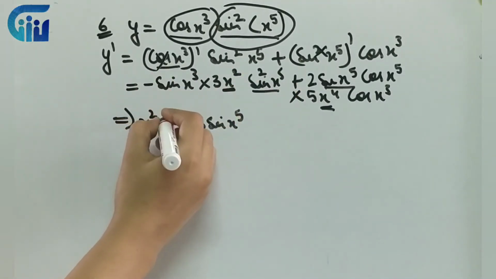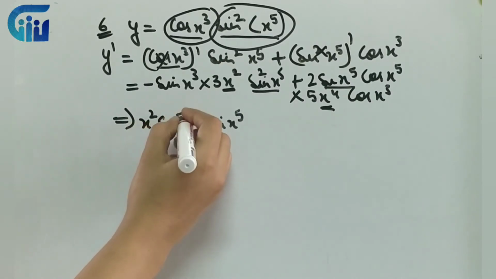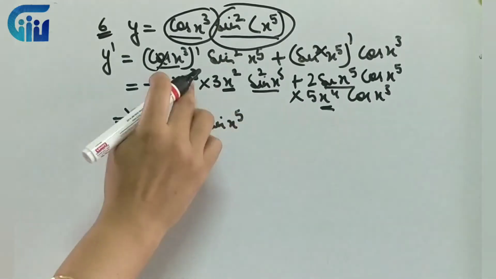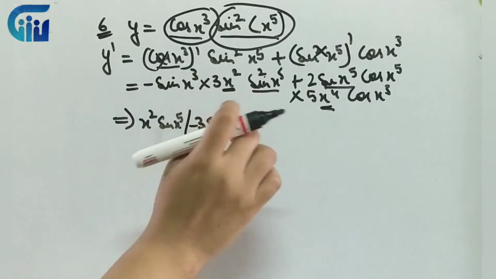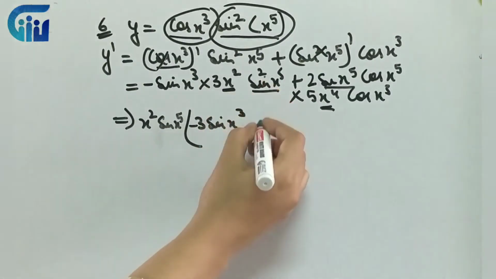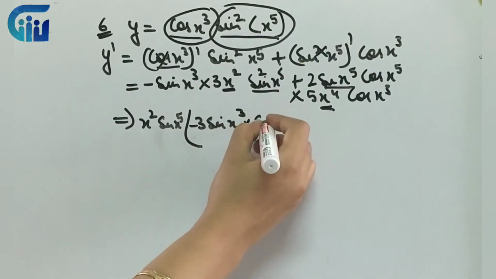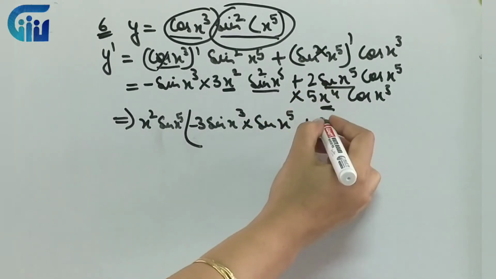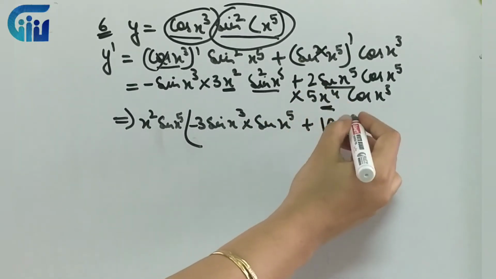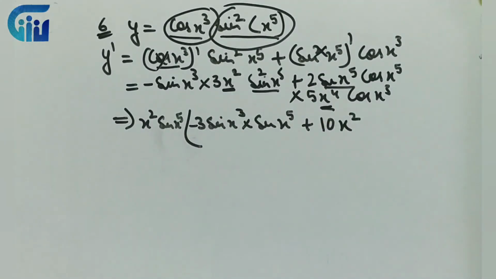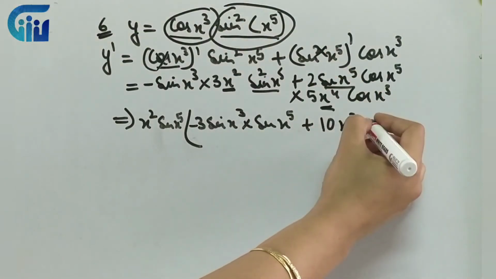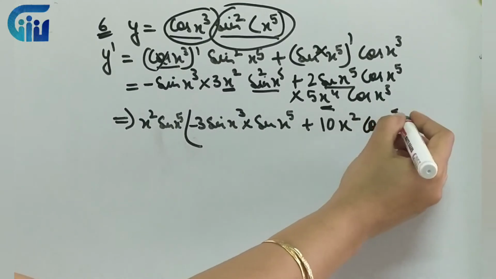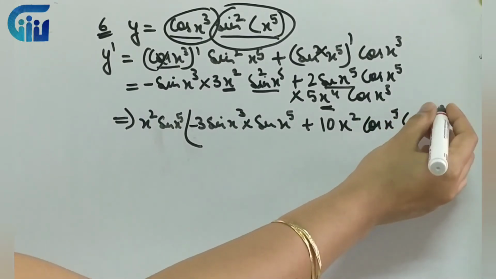So x square and sine x5 common. So it will be minus 3x cube, and over here this will be 1 sine x5 plus this will be 5 into 2, 10. x2 is outside, so it will be x2, and x5 has gone, so it will be cos x5 cos x cube, right?